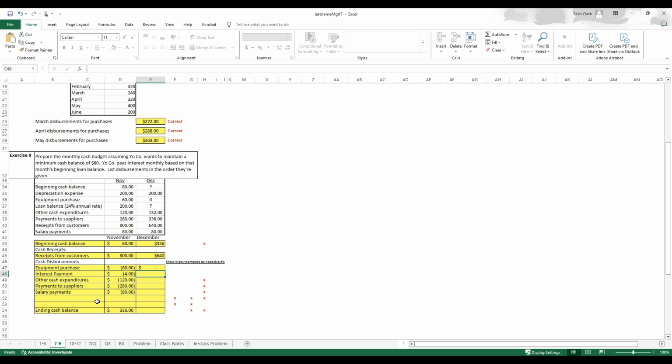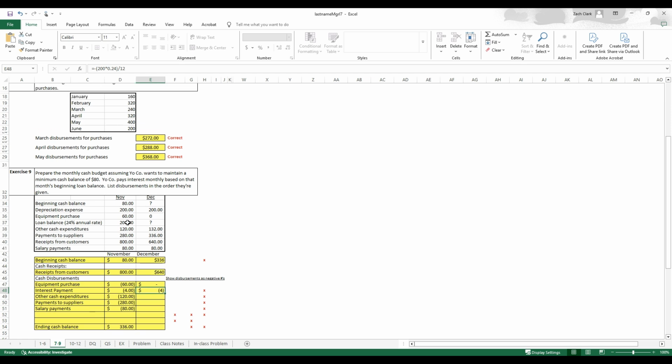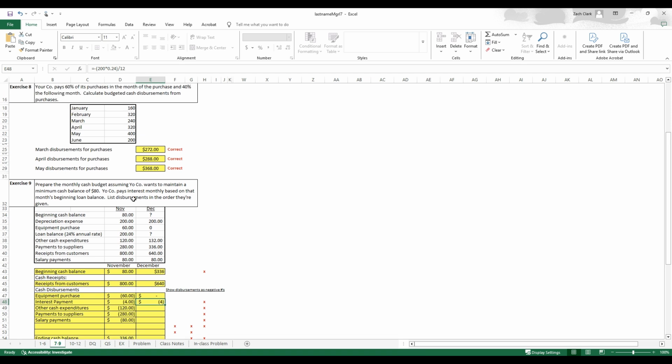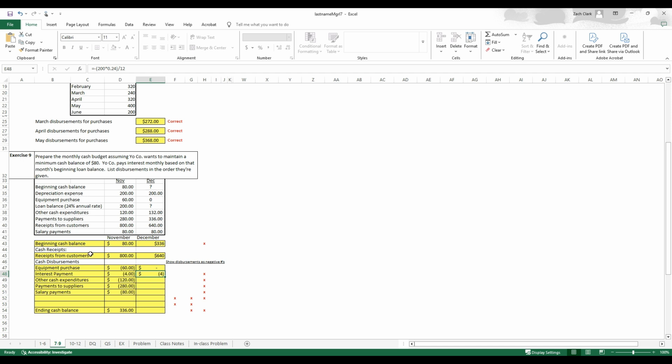Trying to see if it gives us any kind of. So it doesn't tell us that we repaid the loan. Pays the supplier, salary payments. Minimum cash balance. I guess maybe we can do.